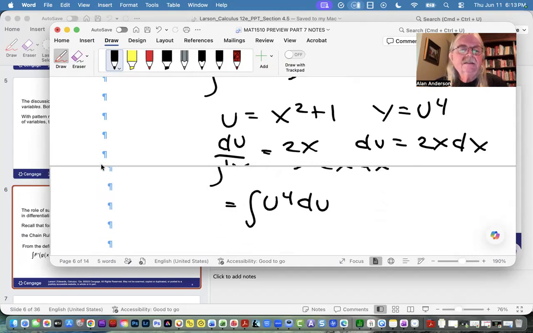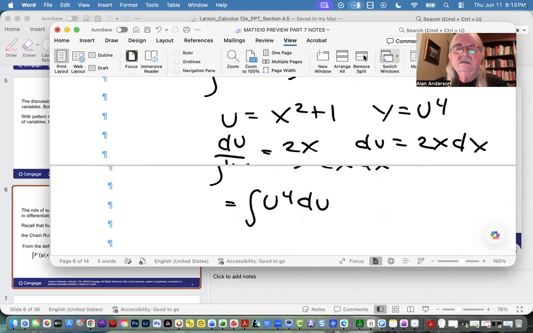And now it's easy because we're just applying the power rule that we know for integration.